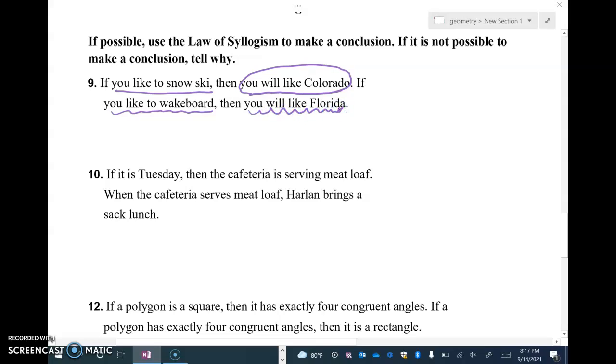Those are different things. Can we draw a conclusion from any of this? Well, do we have if P, then Q, and if Q, then R? We definitely don't. We have if P, then Q, and then if R, then S. Two random things, right? So that's no conclusion again here.